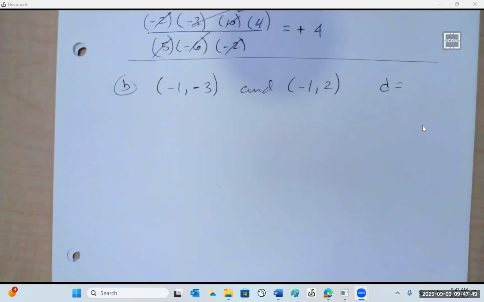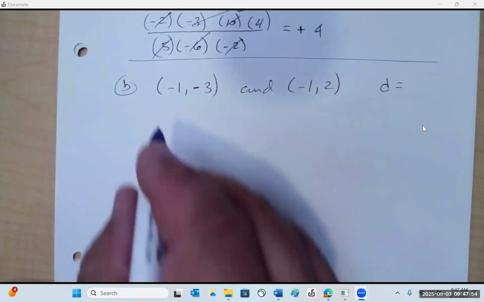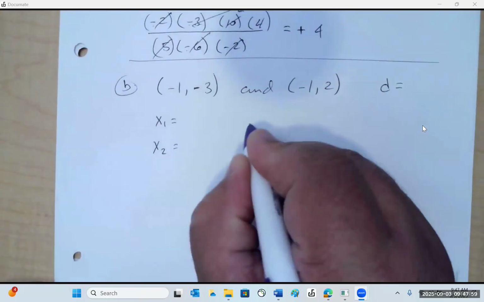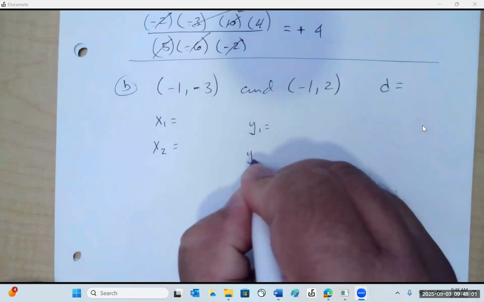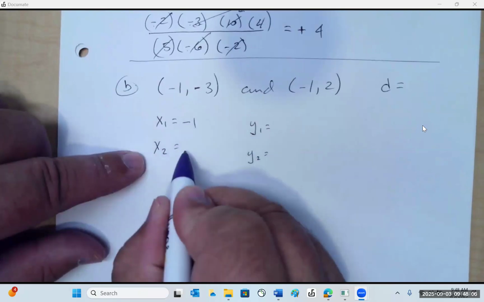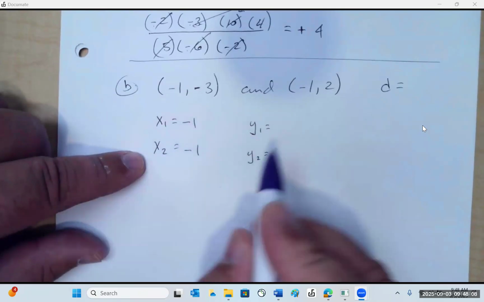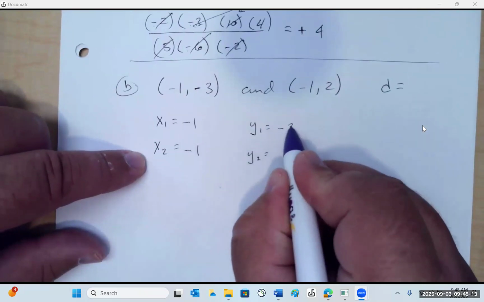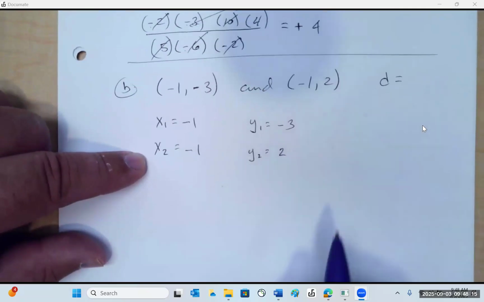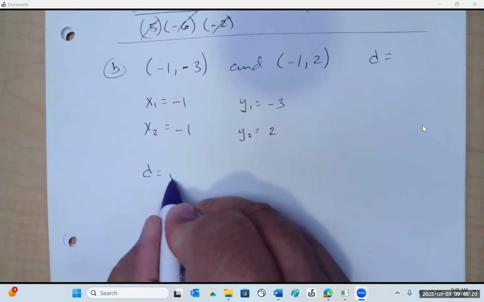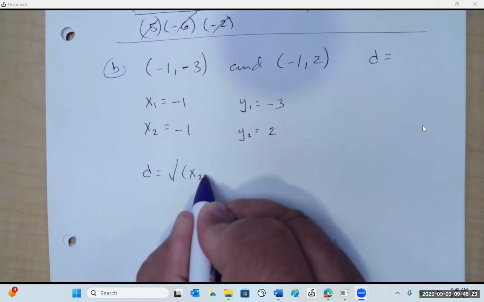First step is what? Label the X's and Y's. Very good. X1 is -1, X2 is negative 1 also. Y1 is -3 and Y2 is 2. Once we have those, plug them into your formula.